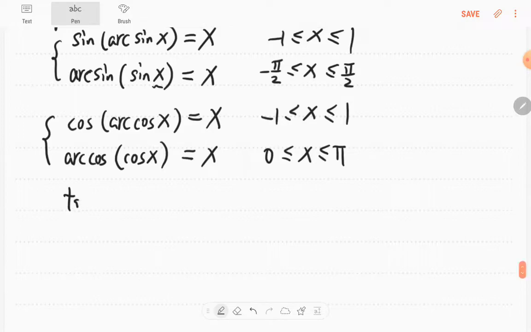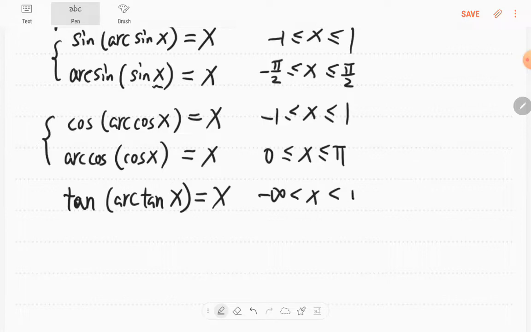And the tangent of arctangent x should be equal to x, right? And this x is from negative infinity to infinity. It could be any number, right? The tangent value could be any real number.